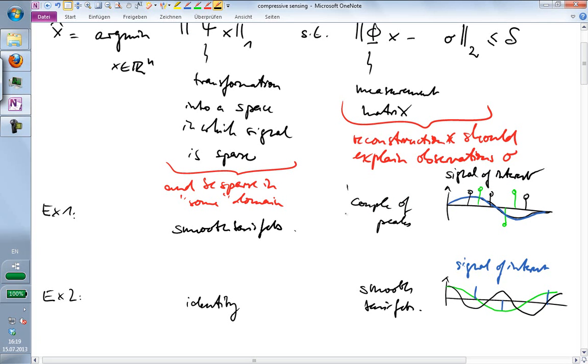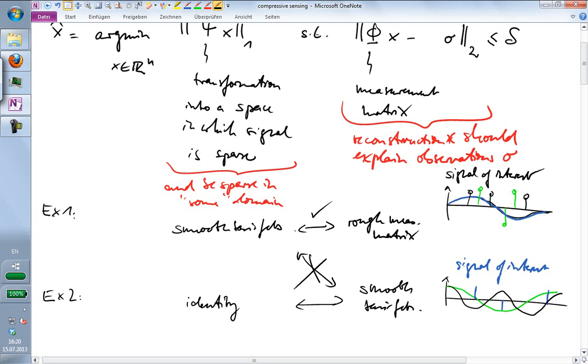Such smooth basis functions play nicely with a rough measurement matrix. Rough is not a technical term. So this works nicely. But using a smooth basis function both for the transform and for the measurement, that would not work well. But the identity is sparse, so the identity would work okay with a smooth basis function.